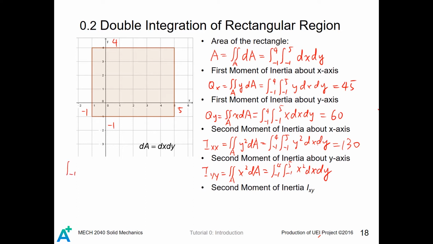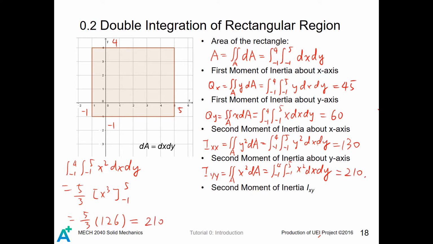That equals 5 times 5 divided by 3 x cubed from -1 to 5, which equals 5 over 3 times 126, which equals 210. So bear in mind that I have already accelerated my calculation here, so try to follow it, try to integrate yourself.